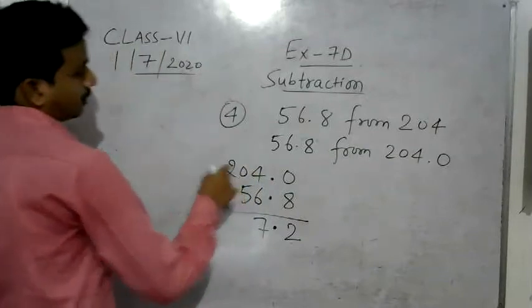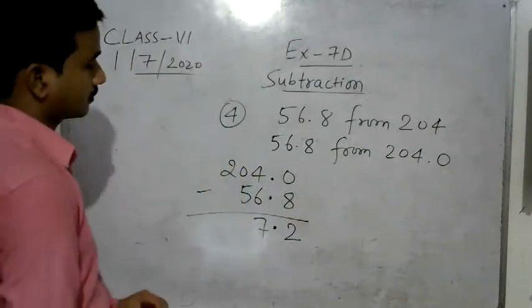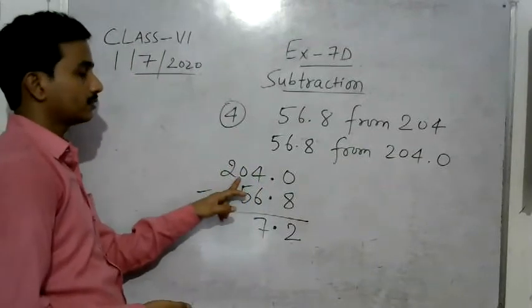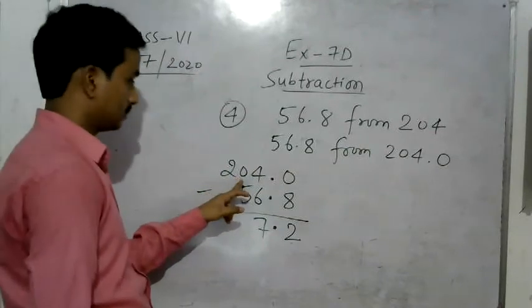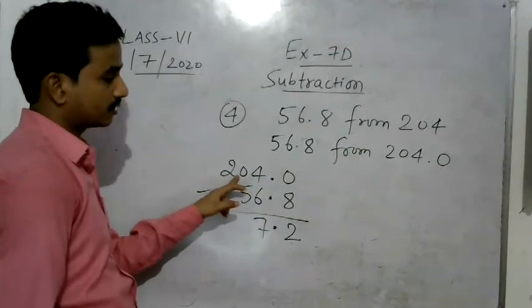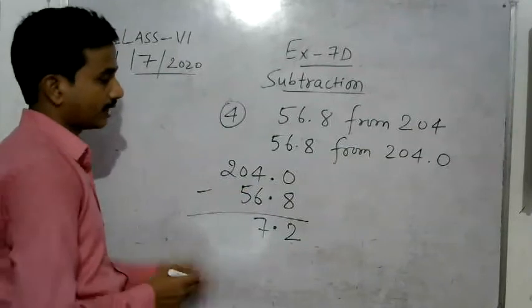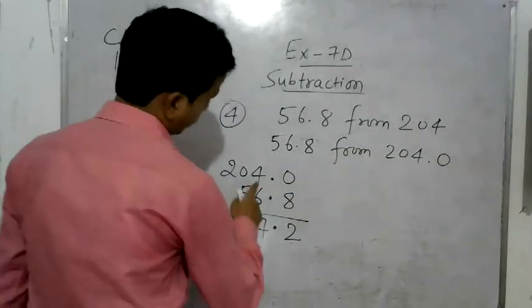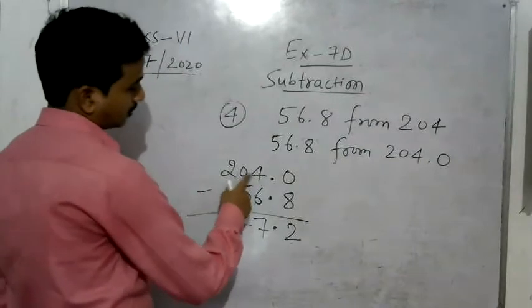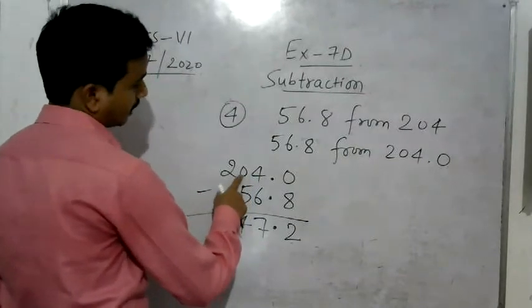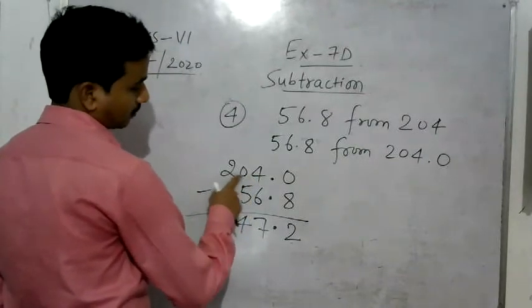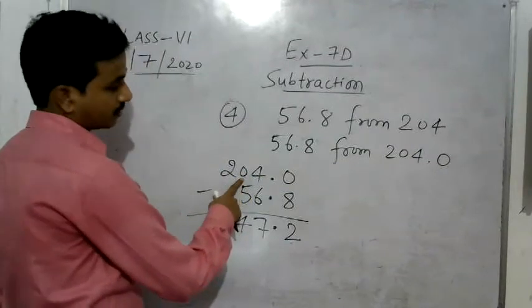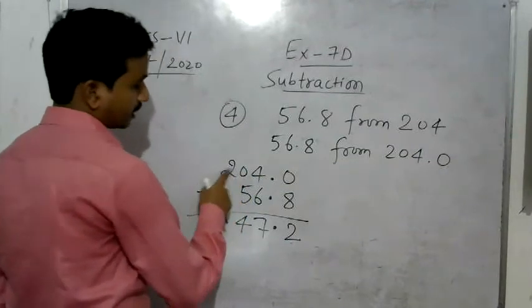Now here is 0, and you have taken one carry from here. Because here is nothing, 0, so 0 will take a carry 1 from here.